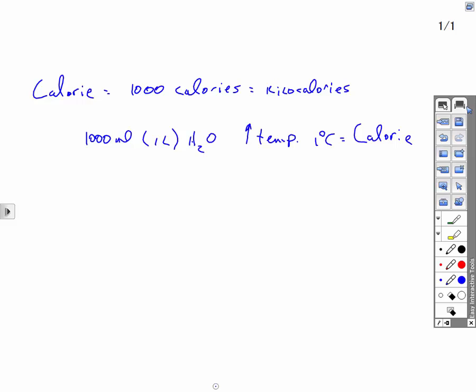Specific heat is very similar, but when you're talking about calories, whether it's small c or capital C, that only refers to water. If you're dealing with specific heat, that really refers to anything.